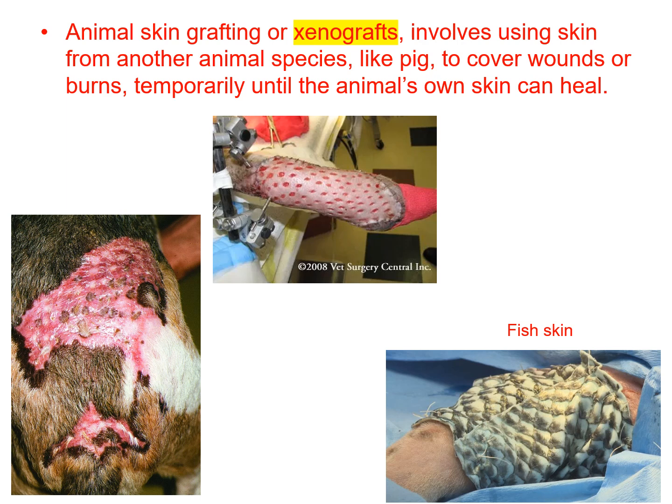Animal skin grafting, or xenografts, involves using skin from another animal species like pig to cover wounds or burns temporarily until the animal's own skin can heal. So in the picture I'm showing you, some catastrophic event occurred to these animals where their skin was damaged by a burn.